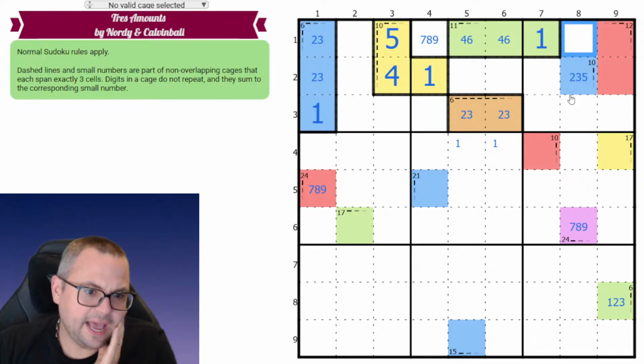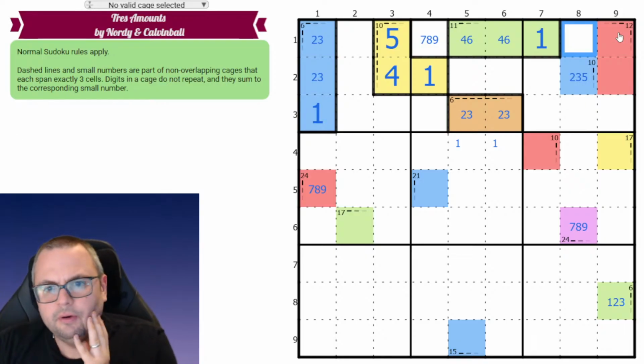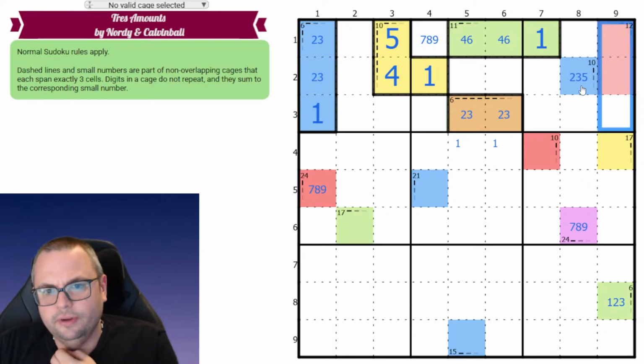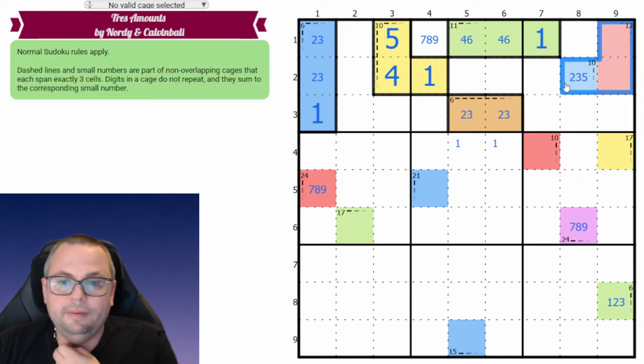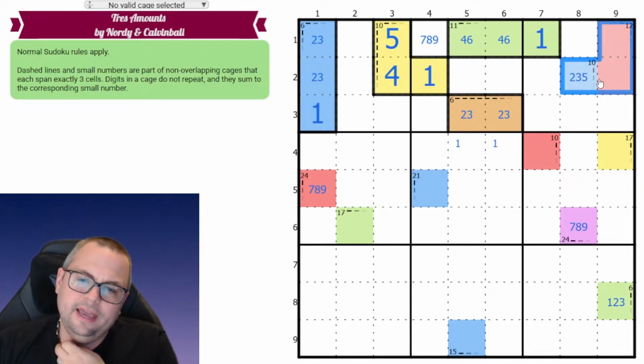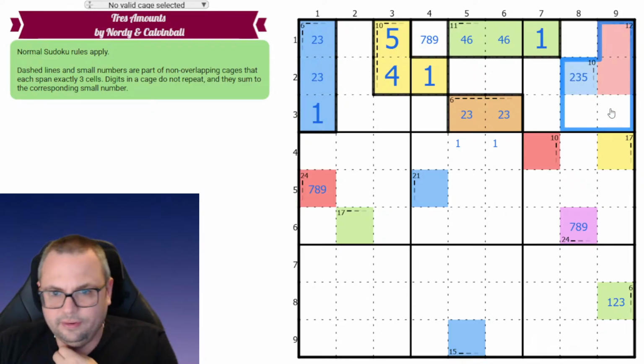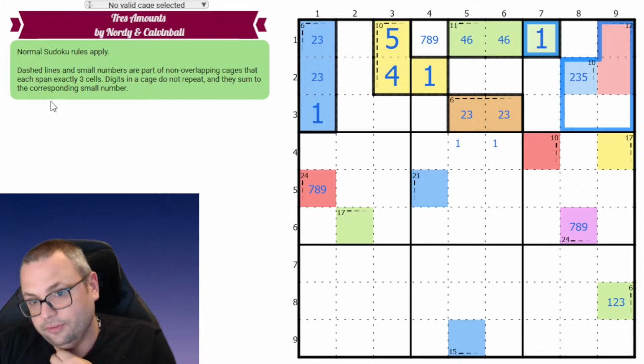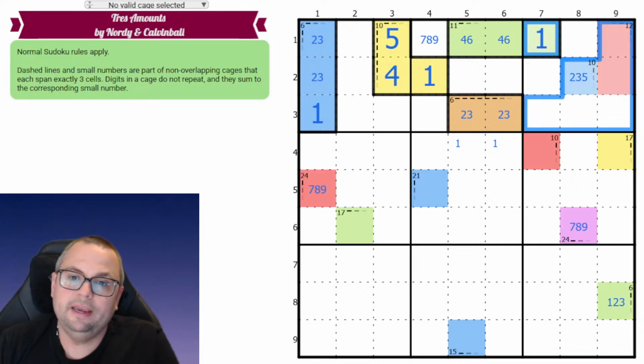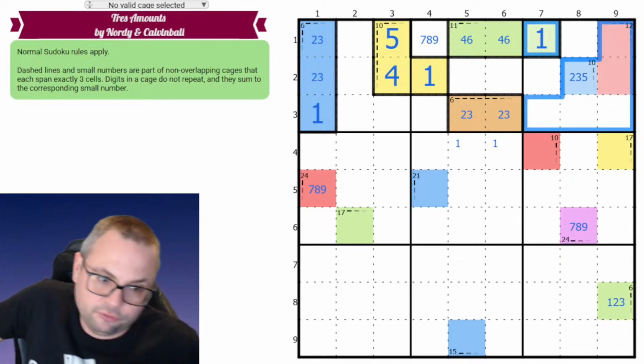Let's see. Will says it has to leave box 3 or the red cage can't be finished. Because if it doesn't leave, then we've got 7 cells is the way to think about it, summing to 23. Yeah, that's true.